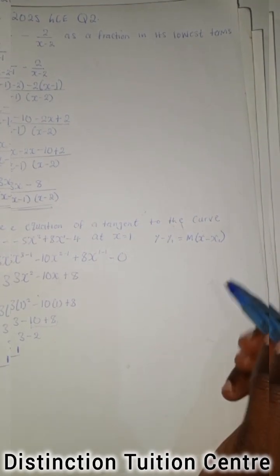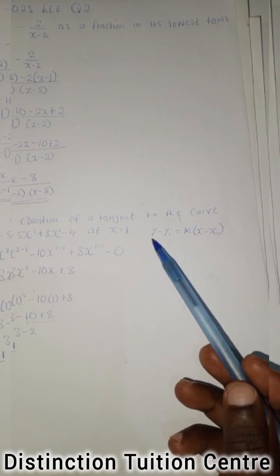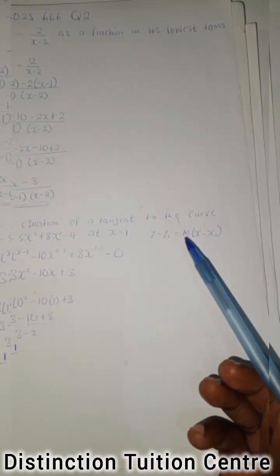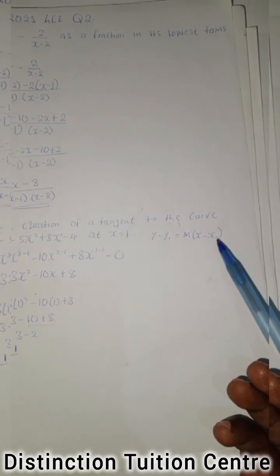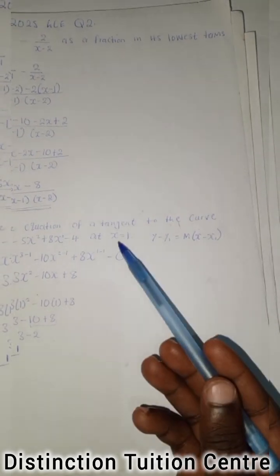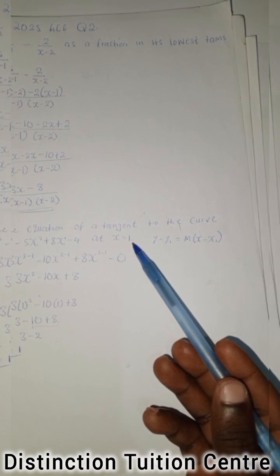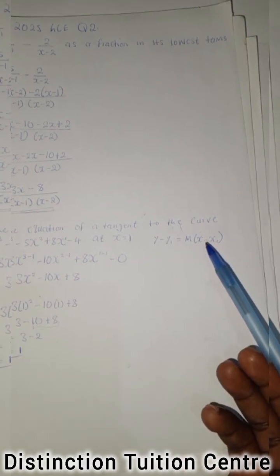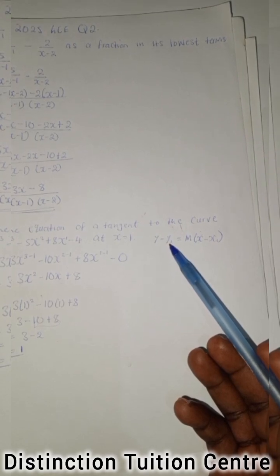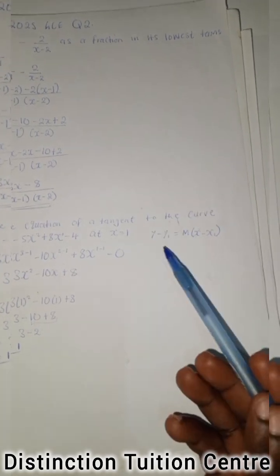Now when you look at this equation right here, we need the gradient, we need the value of y1 and x1. What do we have? We only have x, which is x is equal to 1. So we don't really have the value for y. So that means we first of all need to find the value of y1.